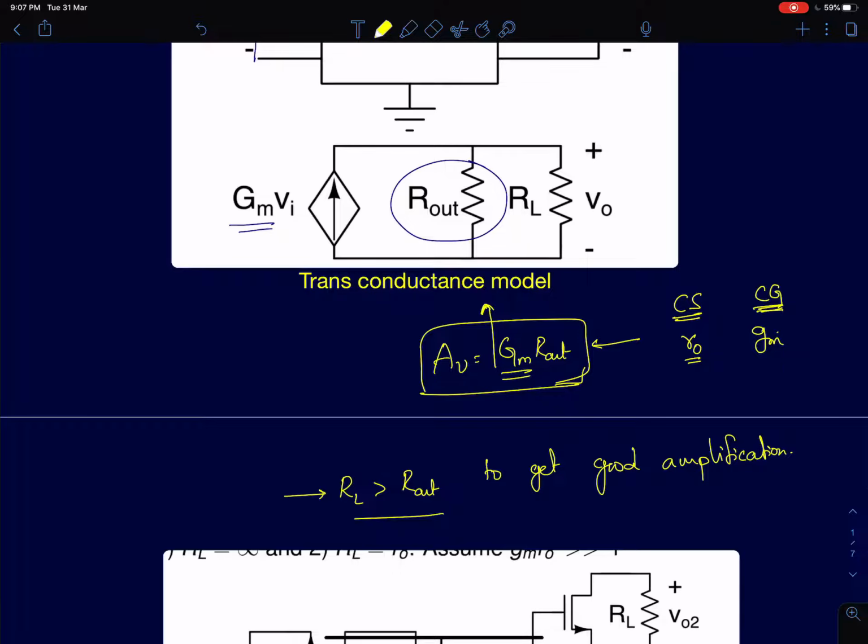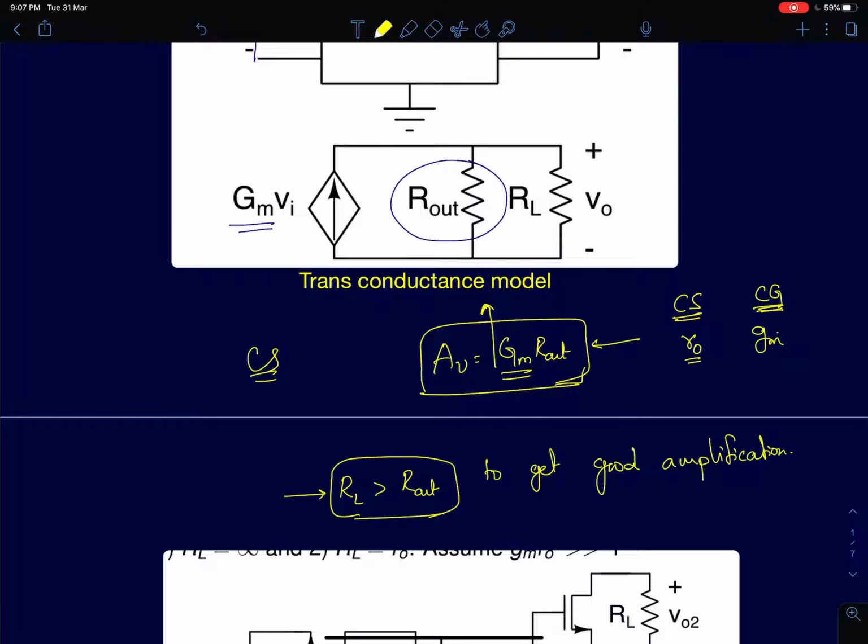It should be greater than the output resistance, otherwise the load resistance can significantly reduce the overall gain. We took an example where we assumed RL equals R naught, and we showed that in case of a common gate cascade, the gain was just reduced to a single stage gain, whereas in case of a common source cascade, the gain was just reduced by half, or 6 dB.